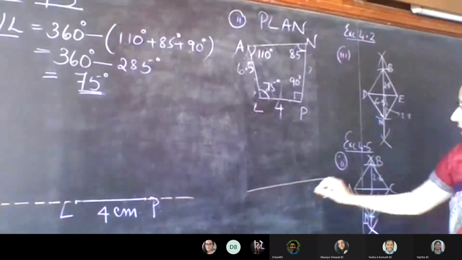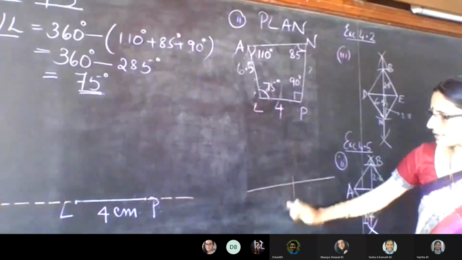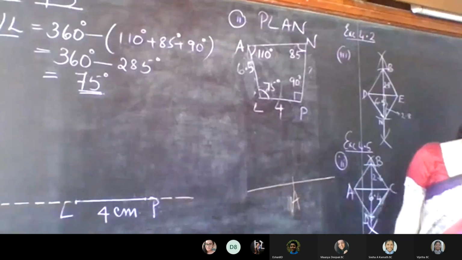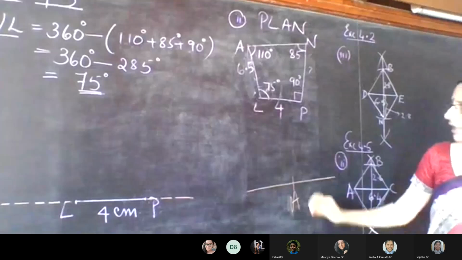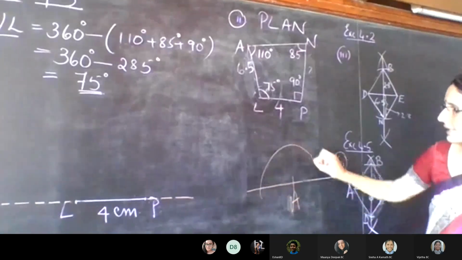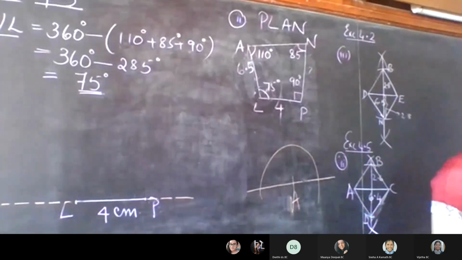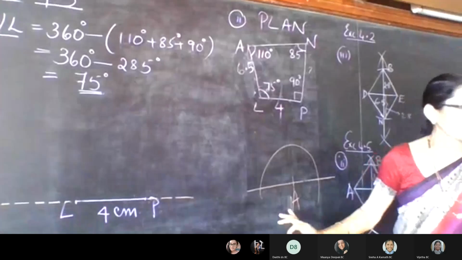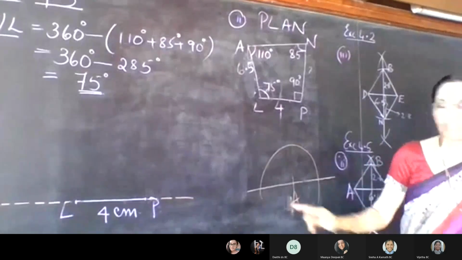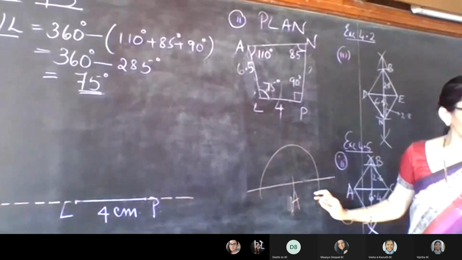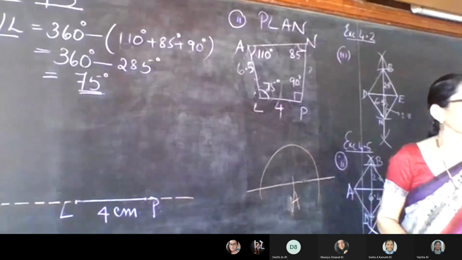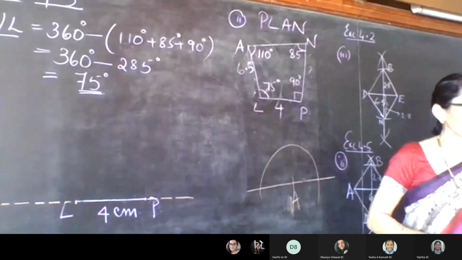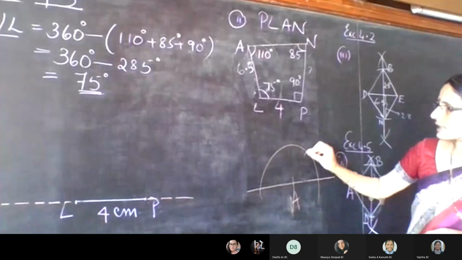Observe, say I want 90 degrees here at this point, I will name it A. Without the protractor, if I want 90 degrees, first let me draw a semicircle. It is not just for 90 degrees; any angle you want to construct without the protractor, first draw a semicircle and, without changing the radius, whatever radius you have drawn, cut once.